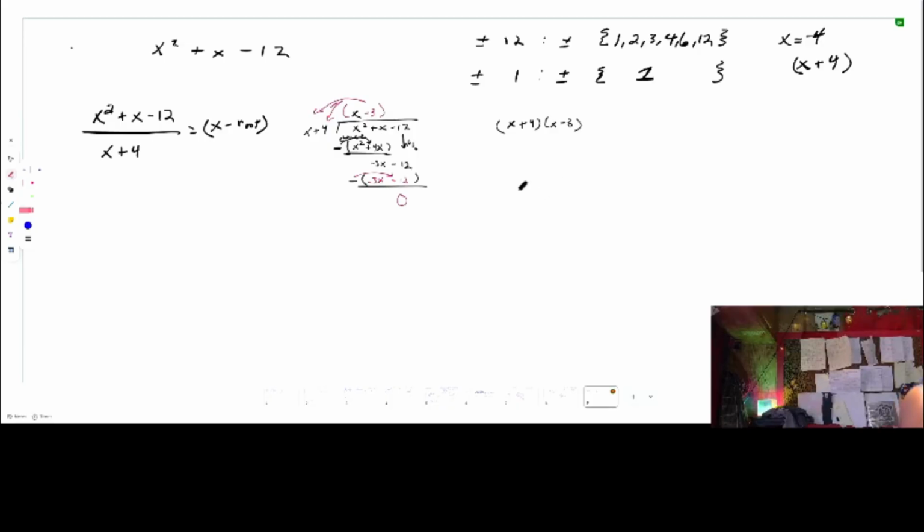How do you know what number to pick first? I usually use a little bit of factoring knowledge.